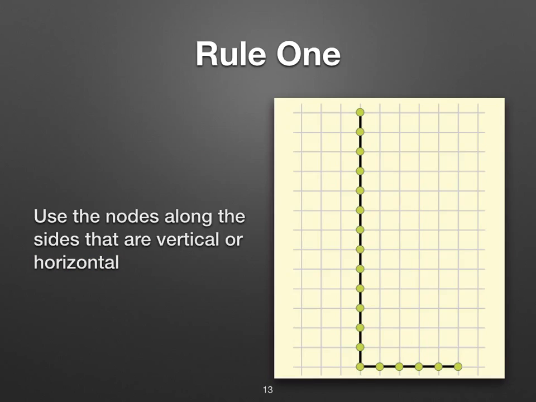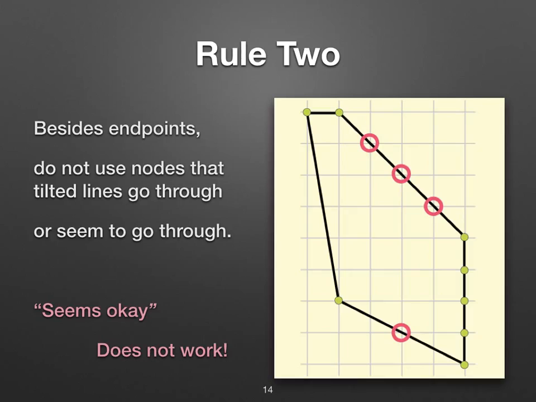Rule 1. Students are allowed to use nodes along lines if the lines are vertical or horizontal. These nodes are considered to be given. Rule 2.